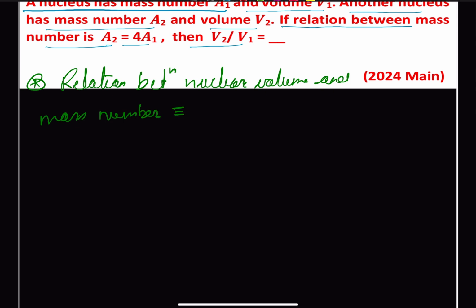Nuclear volume V is proportional to the cube of the radius, and directly proportional to our mass number.